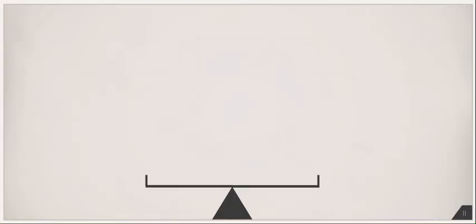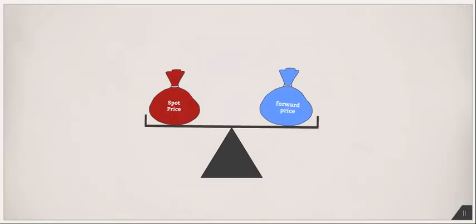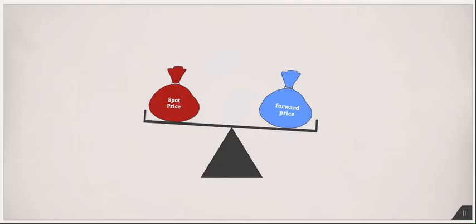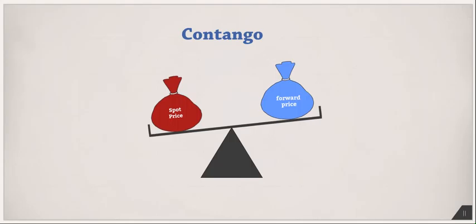The situation where the price of the forward is more than the expected future spot price is known as contango. When the price of the forward is less than the expected future spot price, it is known as normal backwardation.